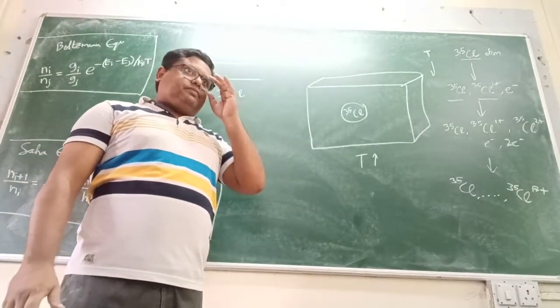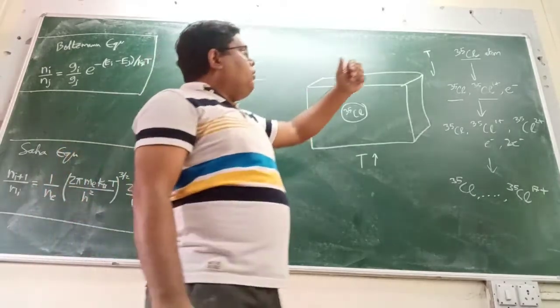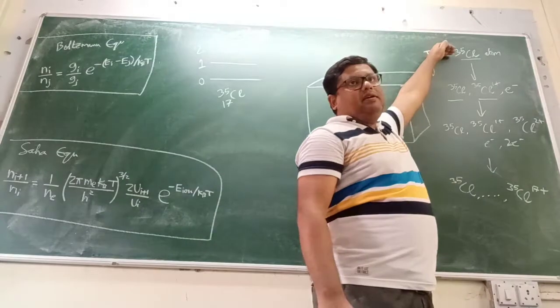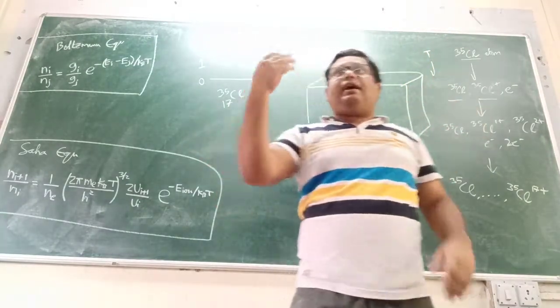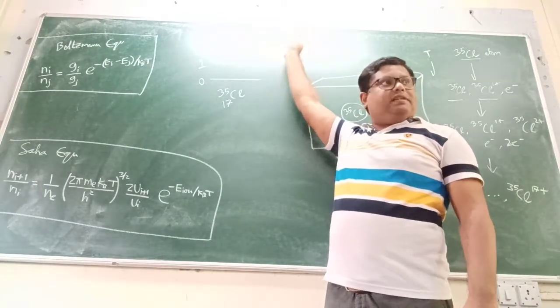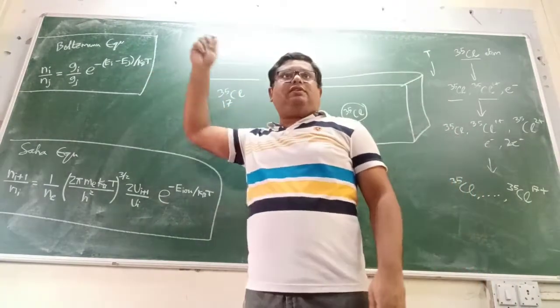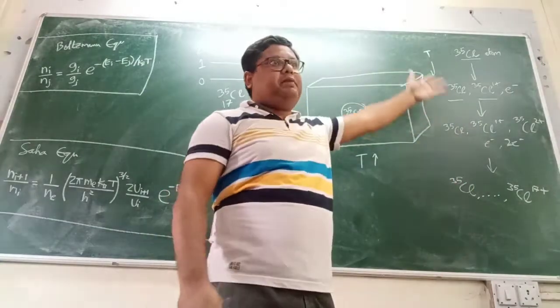Okay? Now, next question. When we were considering only the scenario where there was no ionization and you were asking me, sir, how many of them were in the first excited state, how many in the second and so on, the Boltzmann equation came to the rescue. Now we have got a much bigger family.